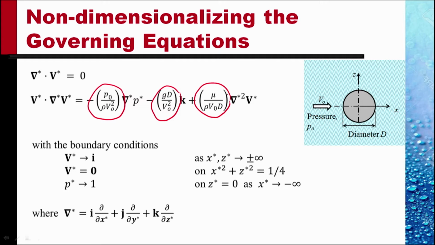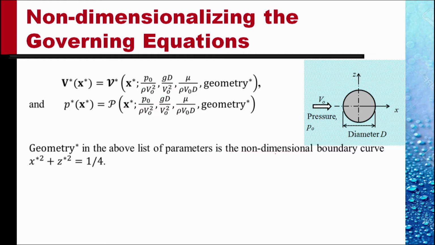There are no independent parameters in the boundary condition except for the shape of the body. Now, this represents a great saving from initially a dependent variable being a function of independent variable x star and the independent parameters, 6 of them. Now we had only 3 groups of independent parameters.